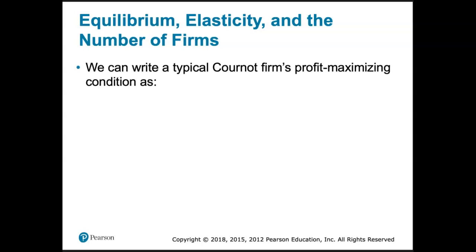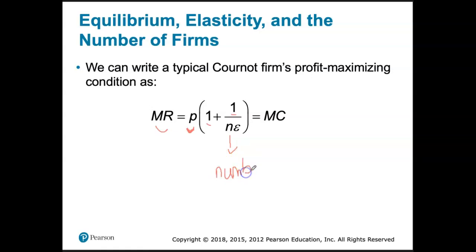We can also write a typical Cournot firm's profit maximizing condition as MR, which is the marginal revenue for the Cournot firm, equals price, which is set in the market, times 1 plus 1 divided by N times epsilon, where N is the number of firms in the market and epsilon is the market elasticity, and this should all equal MC.